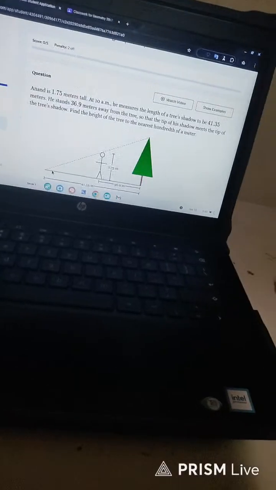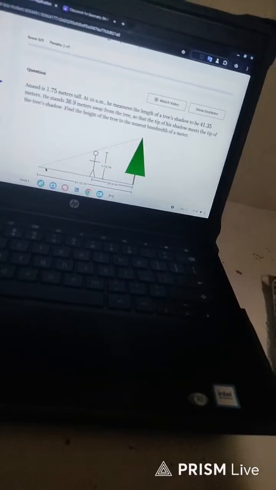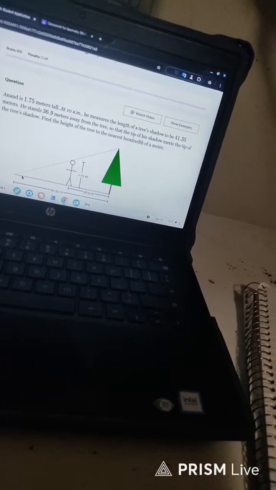So that's 4.40. So it's gonna be 4.40 over 41.35, which is equal to 1.75 over x. That goes there, that goes there.